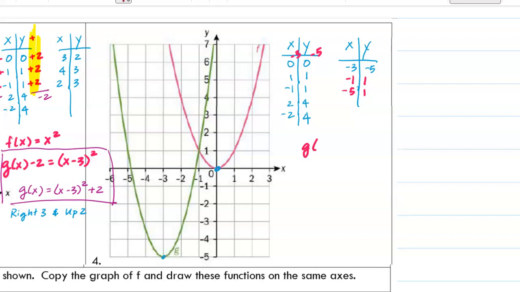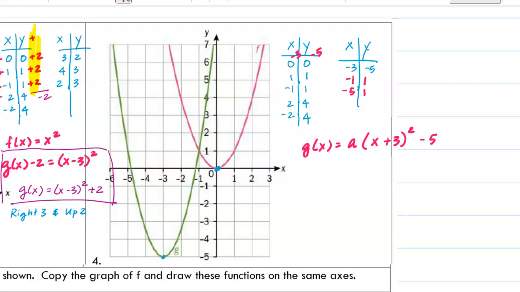Okay, so from the things that we already know, I don't know the a value. I know that there's going to be some kind of a value, but I do know that my equation so far is going to be a(x + 3) squared - 5. There are several ways to find the a value to see how this stretched vertically. It looks like it's going to be a vertical stretch, that it got narrower, or it could be a horizontal compression.